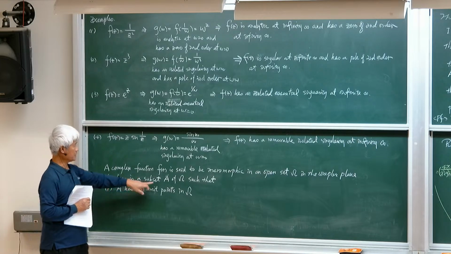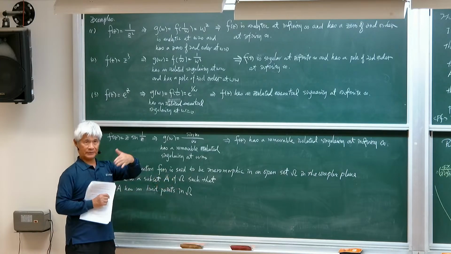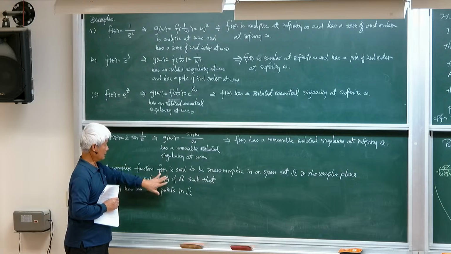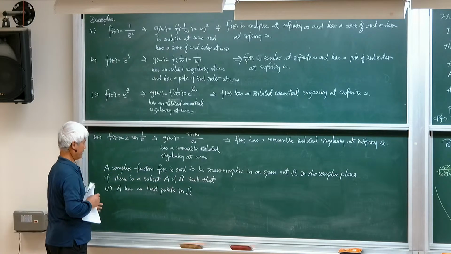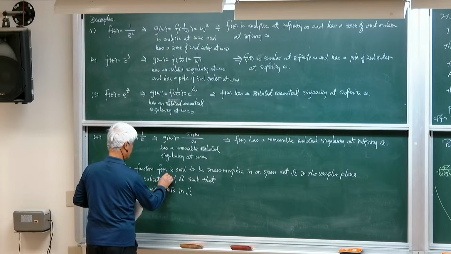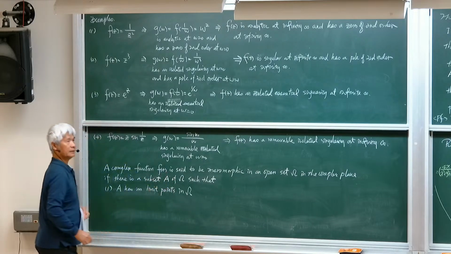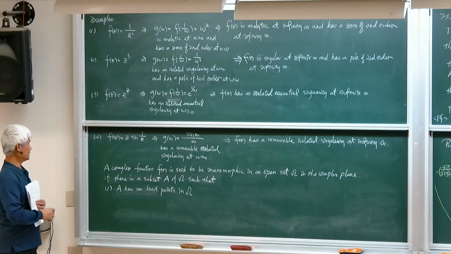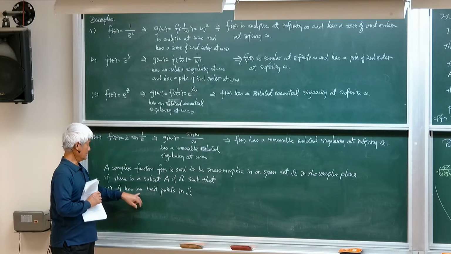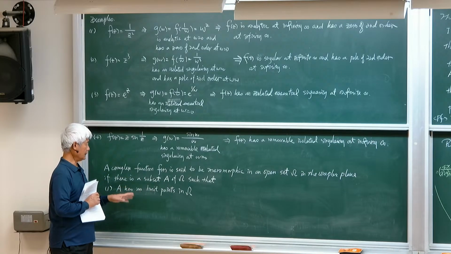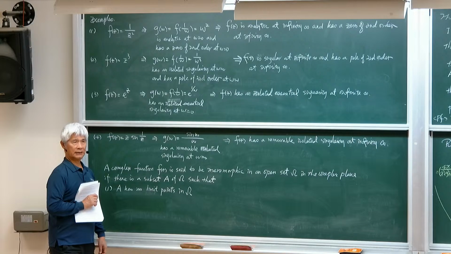And we know the set A is a subset of the open set omega here, okay? But we do not allow this subset A to have any limit point in omega.